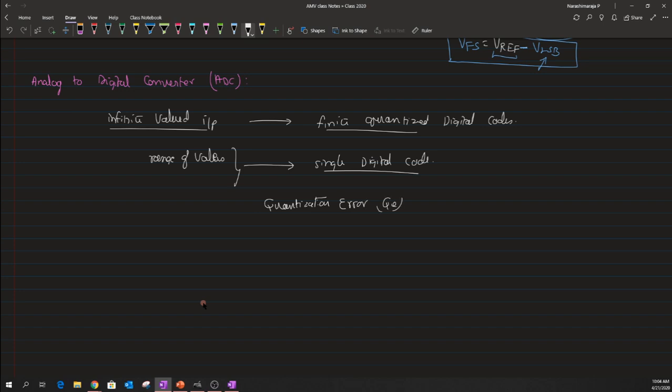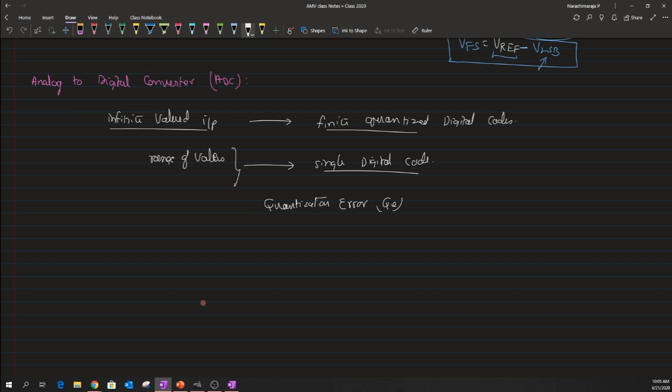And since we are trying to convert multiple data to a single data, the process of conversion from analog to digital is always much more difficult than the conversion of digital data to analog, as we discussed in the last class about the DAC.